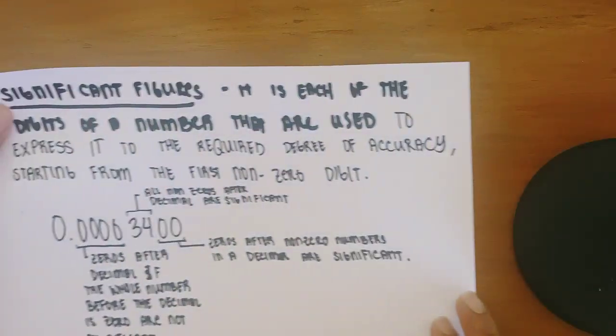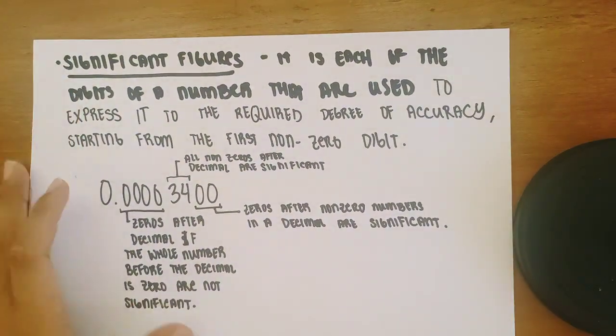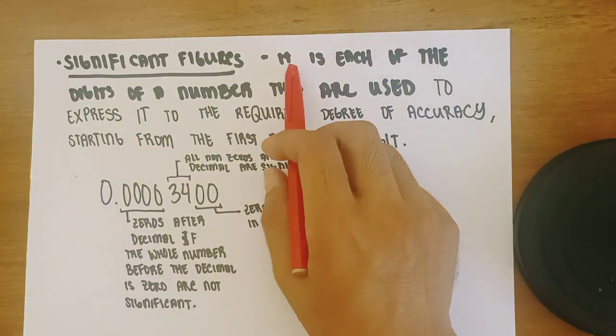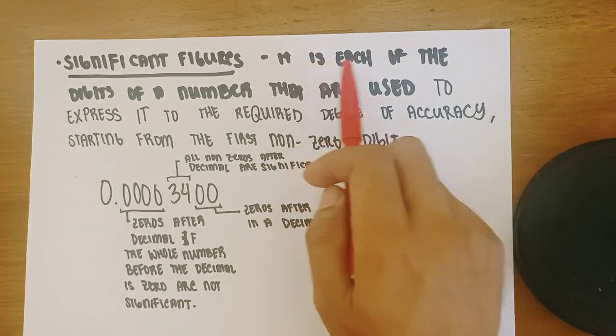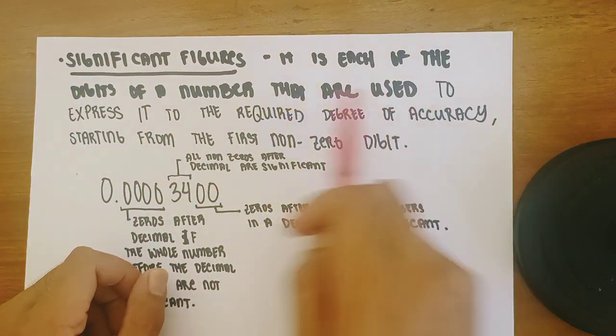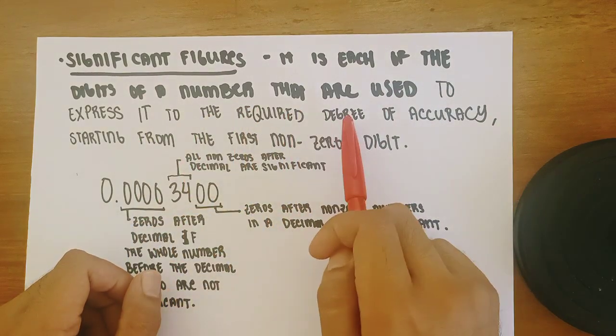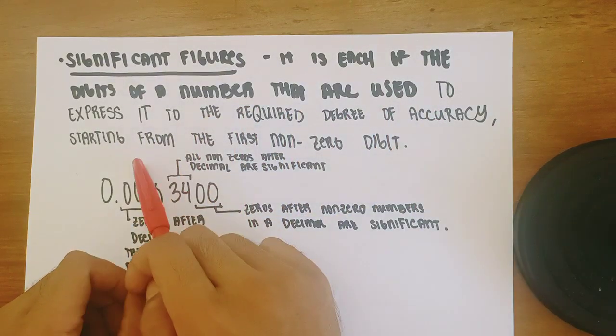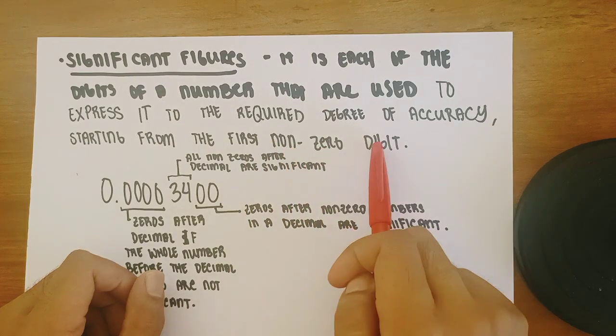Okay. Next is identifying the number of significant figures. Okay? So, significant figures, it is each of the digits of a number that are used to express it to the required degree of accuracy, starting from the first non-zero digit. Okay.